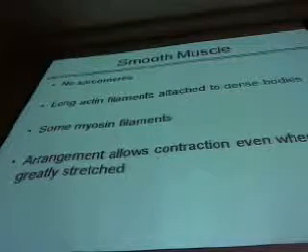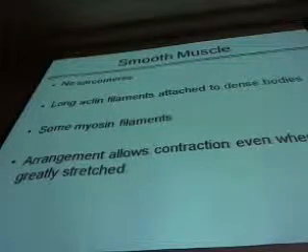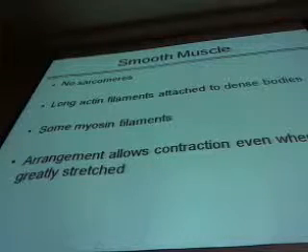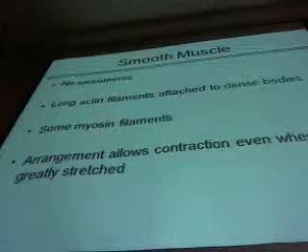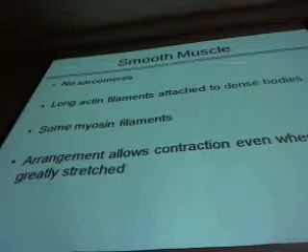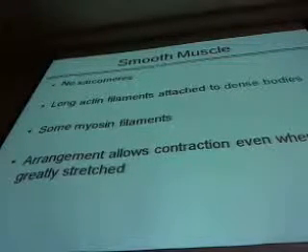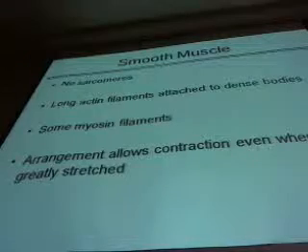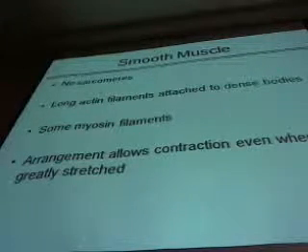I mean, you can get your bladder extended 3 or 4 times, and the muscles of the uterus during pregnancy 8 to 10 times, and it will still contract. And I'm sure you'll find out soon.